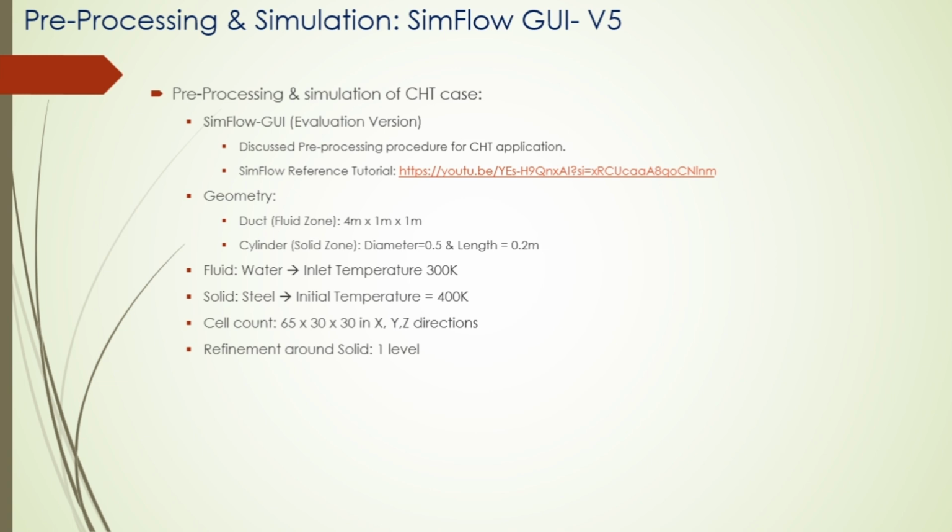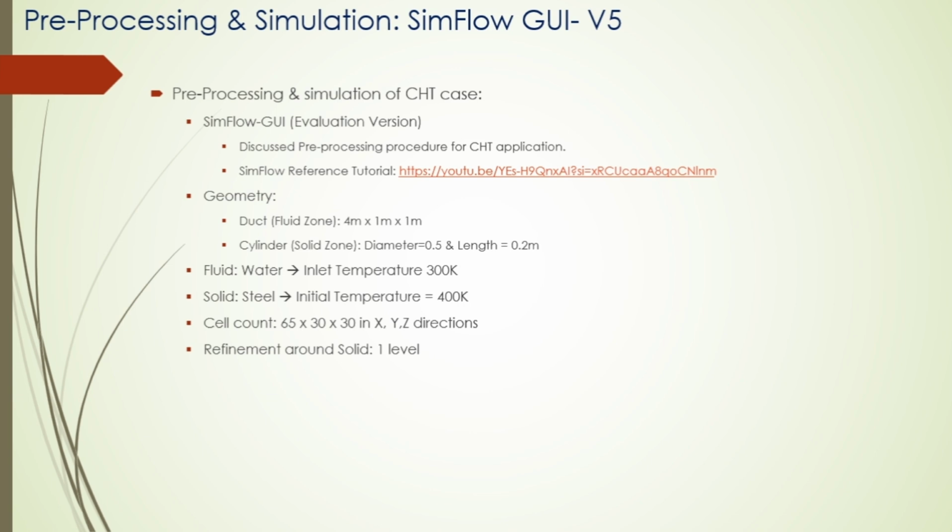I have used the SimFlow reference tutorial. The link is given here. One can go through this tutorial for further details. I have used this tutorial to understand the procedure and set up this case.